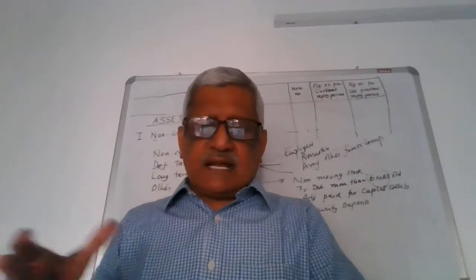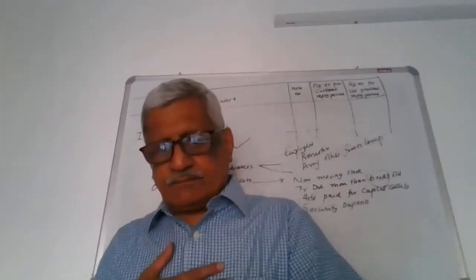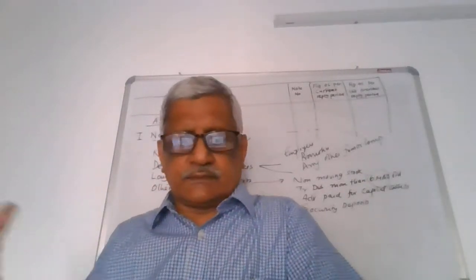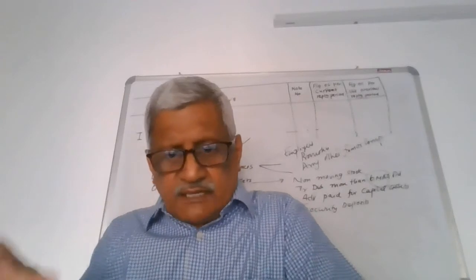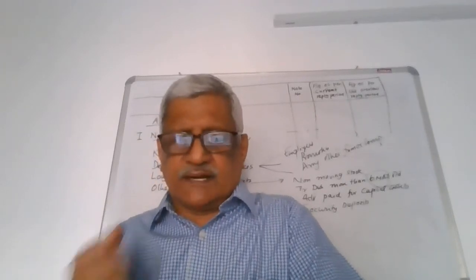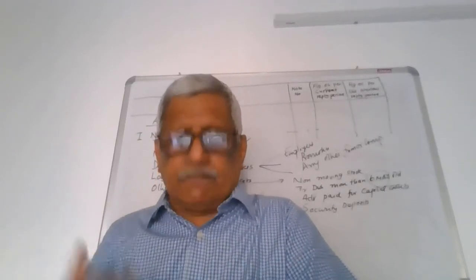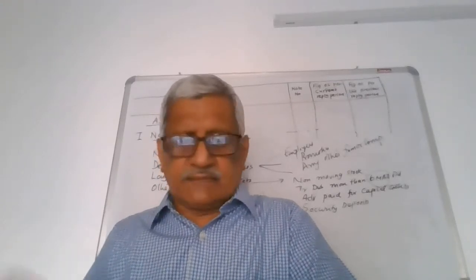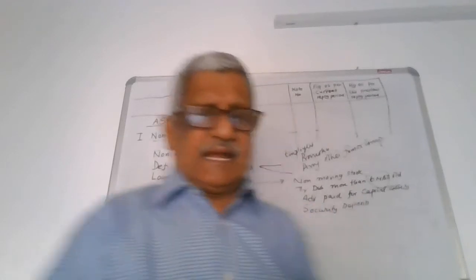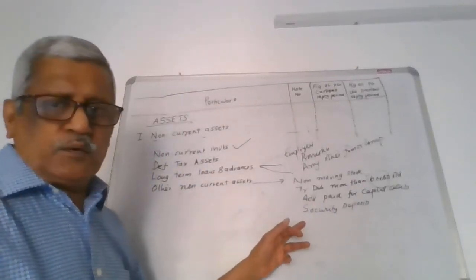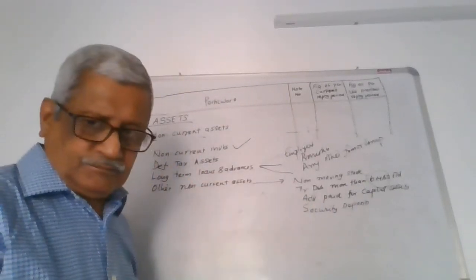Suppose the company has a high tension power connection, the company would have given a deposit to the electricity department. As long as this activity continues, they cannot withdraw the security deposit. So such security deposits, which are kept either with the landlord or with the electricity department or with the excise department, have to come as non-current assets.